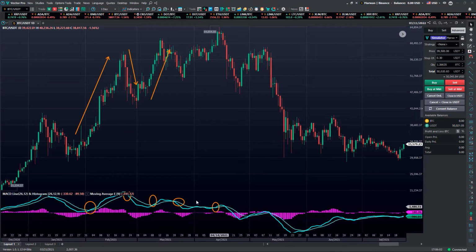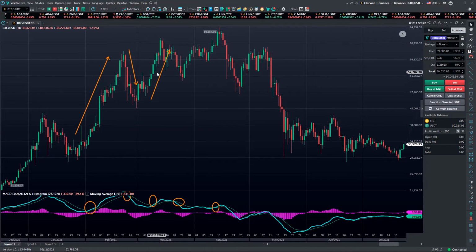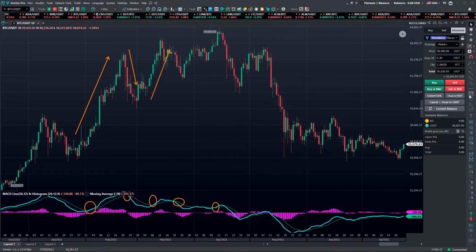Now, between these two crossover points, we can see that our histogram is almost non-existent. Looking up at the chart, we can see that our candlesticks are oscillating up and down with less volatility, and it seems that we're entering into a sideways market.